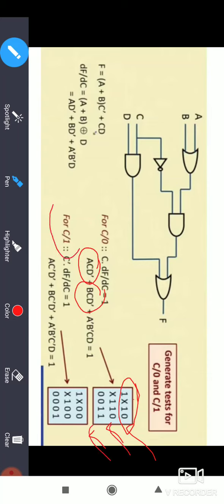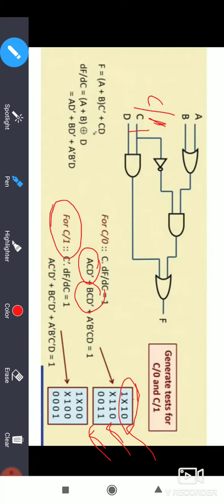Next, for stuck at 1, the C line is stuck at 1. For C stuck at 0, we got three test vectors. For C stuck at 1, the formula is C bar into df by dc.